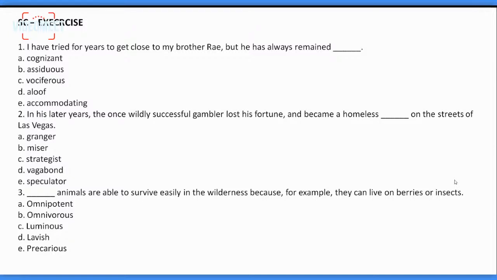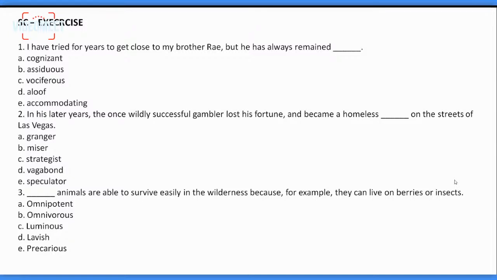Vagabond here means a wanderer, right? Somebody who wanders aimlessly. The last word is spectacular. Now, granger, miser, strategist, A, B, C are eliminated. Vagabond means a wanderer, which is suitable here because a homeless wanderer on the streets of Las Vegas makes a lot of sense.